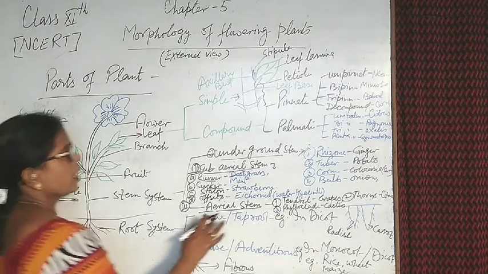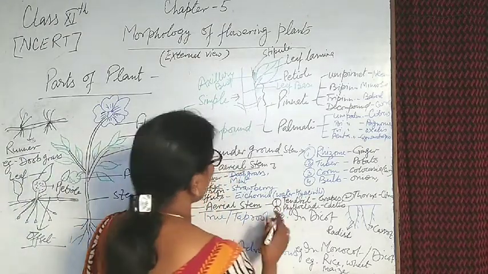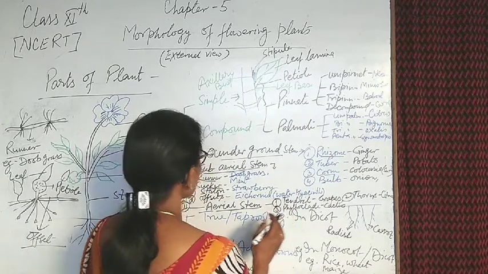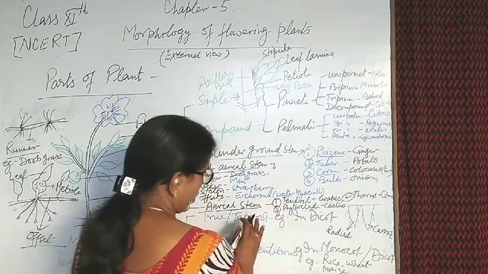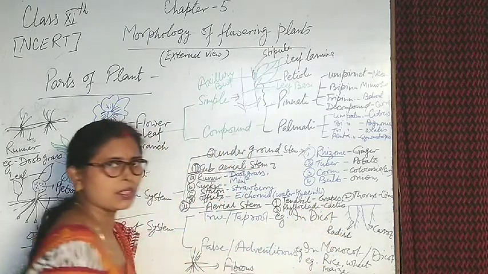And third one is aerial stem. The aerial stem is the upper side of the soil and mostly erect stems are found. First, tendril, grapes.